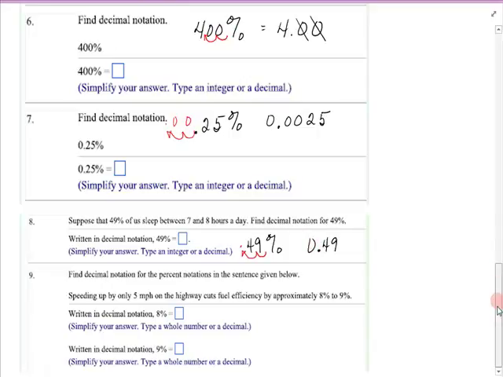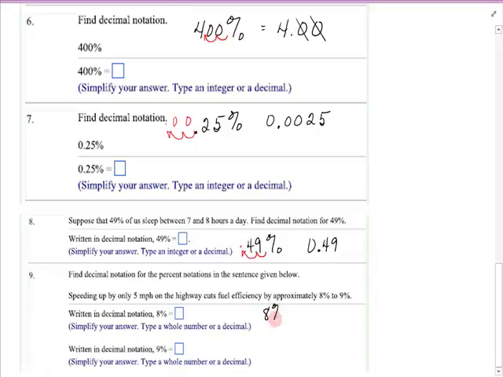All right, one more. I find the decimal notation, excuse me, for the percent notation in the sentence given below. Speeding up by only 5 miles per hour on the highway cuts fuel efficiency by approximately 8 to 9%. What would those be as decimals?